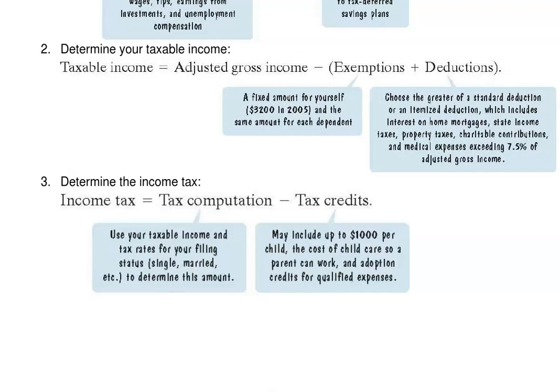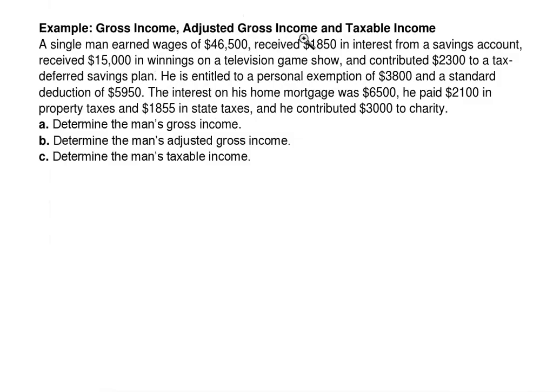All right. So let's see if we have an example here, and we'll see if we can figure this out together. A single man earned wages of $46,500. There's another wrinkle when it comes to determining your taxes. You can file single. You can file jointly. If you're married, like I am, you can file married single.